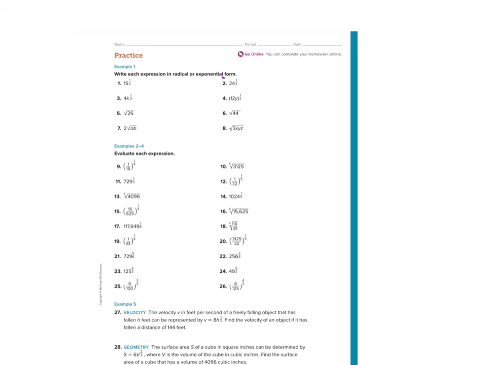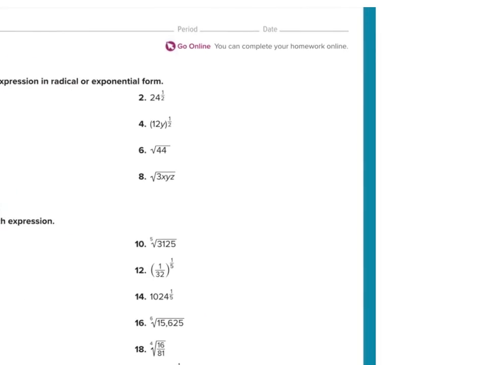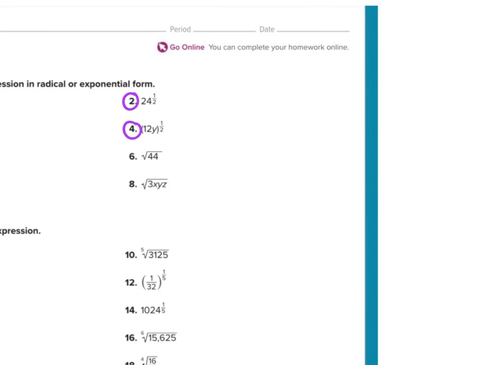You're going to circle 2, 4. That's all on that page. So we just did these, okay? So 2 and 4, you'll try. Radical or exponential? What are these both currently in?